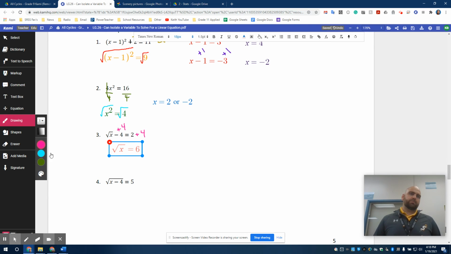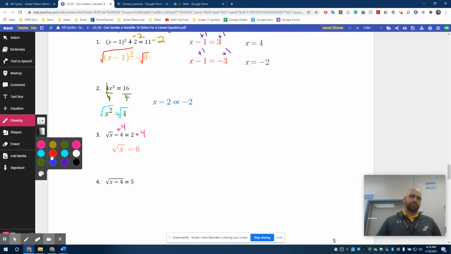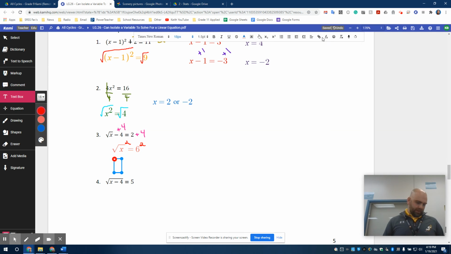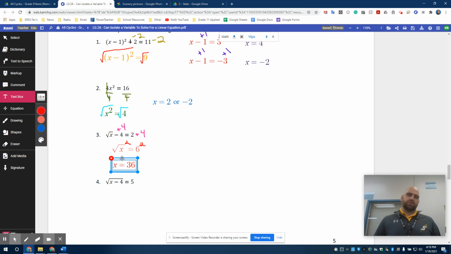Now at this point, we can get rid of that square root. So we're going to square this side and square this side. And we get our x all by itself, and on the other side, we get 36, because 6 squared is 36.